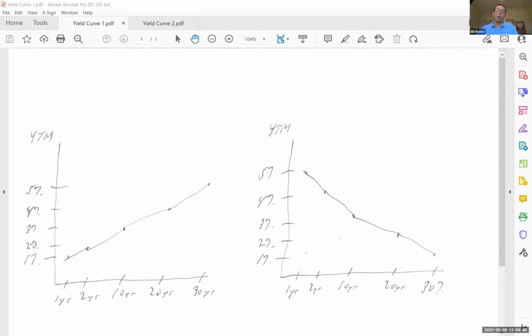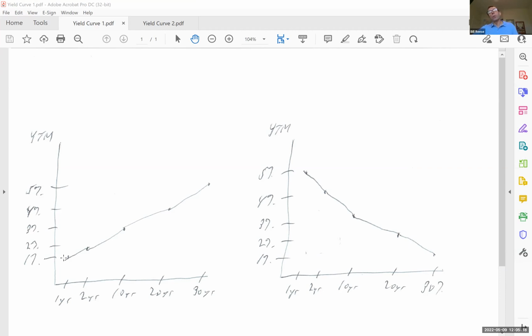Here you've got 1%, 2%, 3%, 4%, 5% in terms of yield to maturity. And as we know, the yield to maturity is the semi-annual yield doubled. So what this is showing us is a treasury bond. I use that term bond generically, because a 1 year would actually be a treasury bill, right?